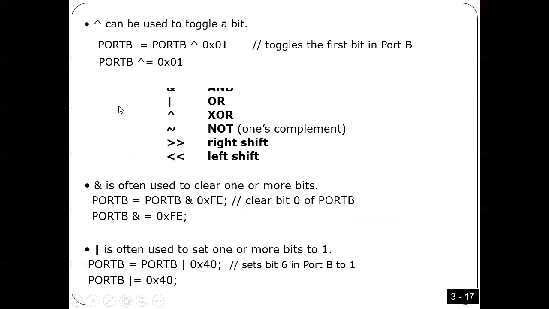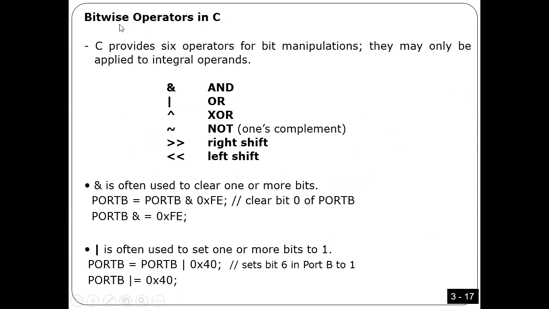We have what we call bitwise operators, bit by bit operators. I'm going to teach them now. How can you do bit by bit operations? The first ones are the logic operators.